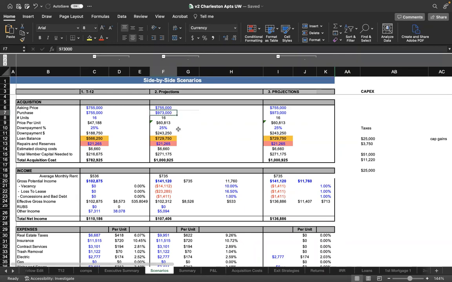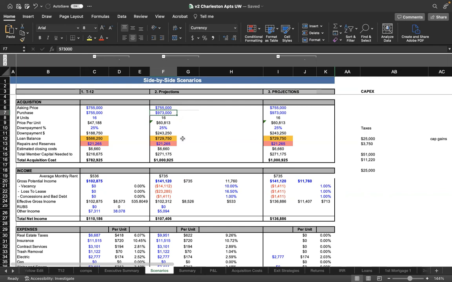You'll see here the purchase price originally was $755, but the way the calculator works, I added the renovation schedule into that price. That way the debt service, whenever we loan the renovation schedule amount from the bank, shows that we're taking all the money day one, which isn't accurate.